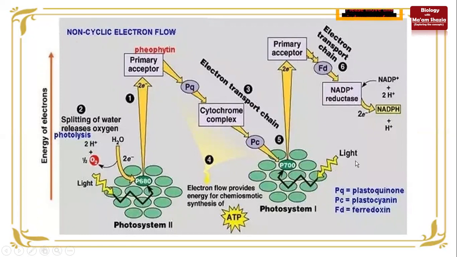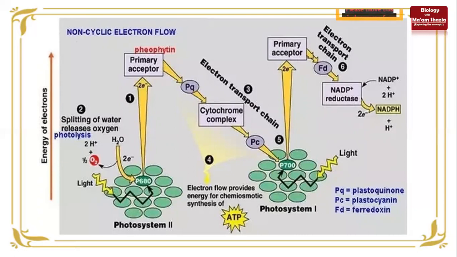Light, once again, in the form of photons. You all know that photons are just energy packets. They do not have any mass or charge, and they just strike the photosystem 1, the antenna complexes, right? Antenna complexes containing the accessory pigments. One of them is chlorophyll b, and the other is carotenoids.